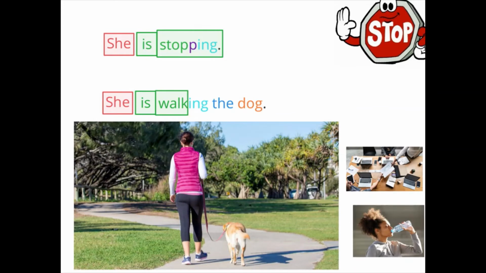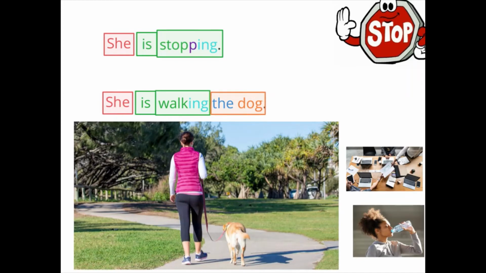So there's our verb walk, and then we add ing, walking, and then you can see we have an object after it. She is walking what? She is walking the dog. The dog is the only thing I can think of we are walking.